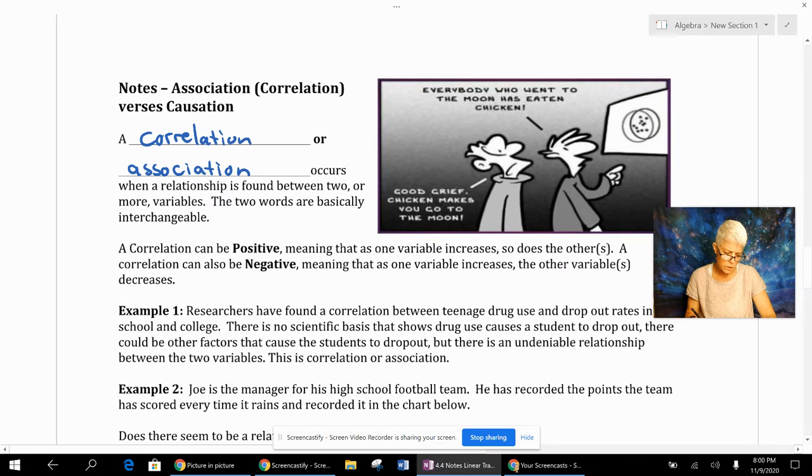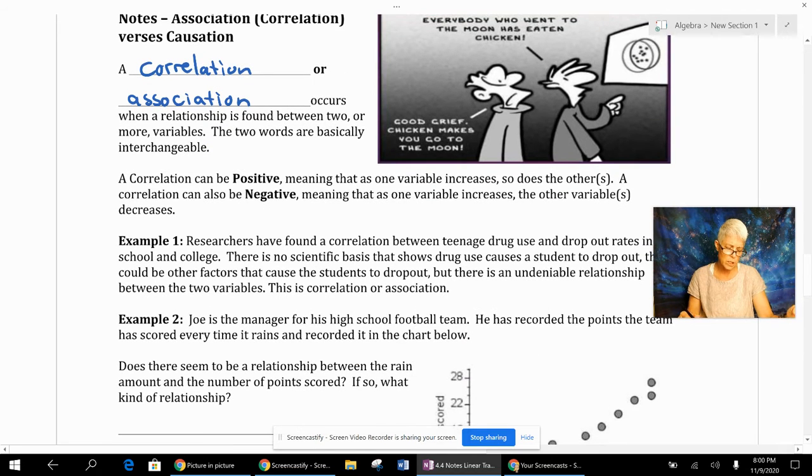So a correlation or association occurs when a relationship is found between two or more variables. The two words are basically interchangeable. A correlation can be positive, meaning one variable increases and so does the other. Now let's understand that just because there's a positive correlation doesn't mean it's a positive thing.